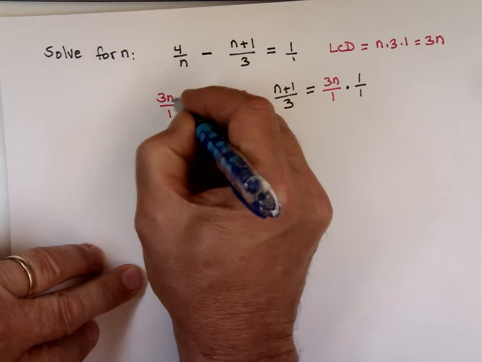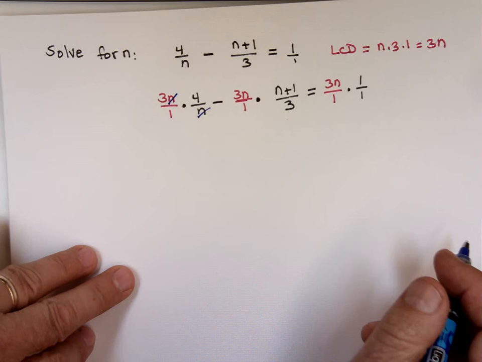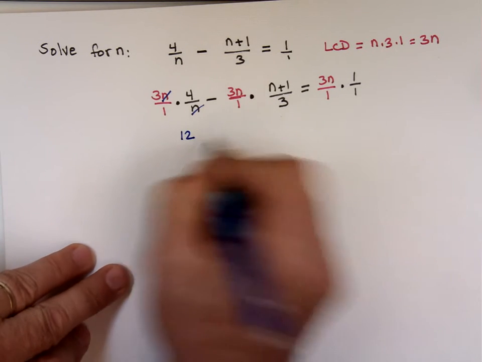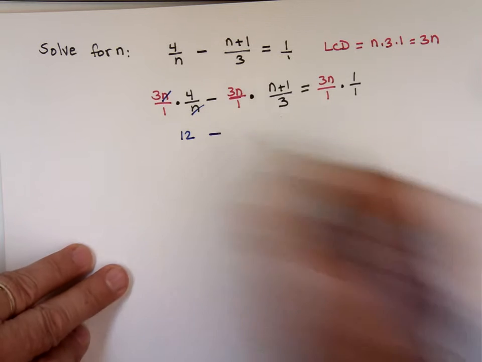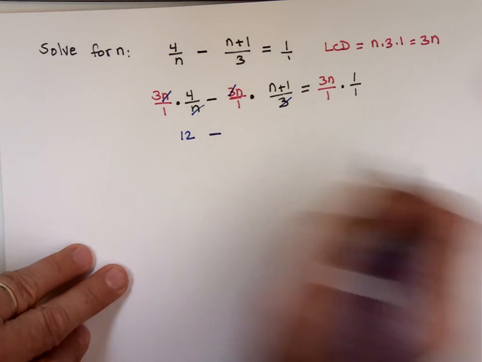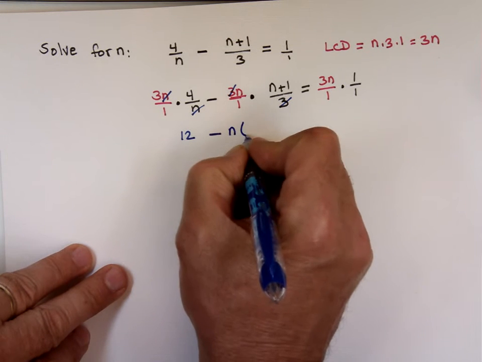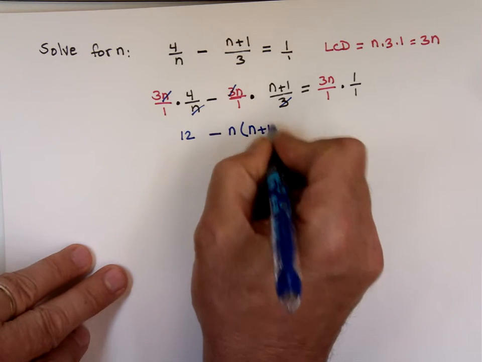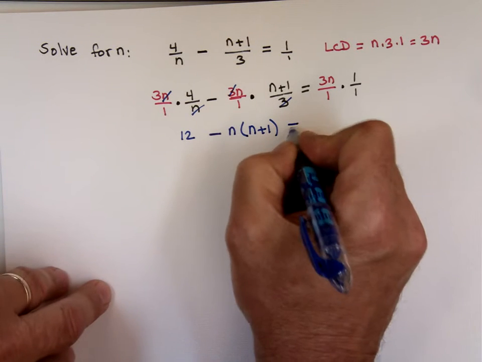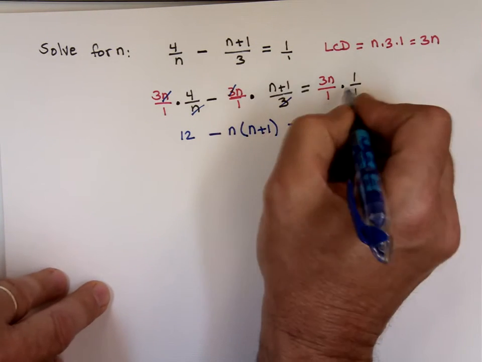This n cancels that n. So 3 times 4 is 12, 12 over 1, which is 12. This 3 cancels that 3. So I'm going to end up with n times n plus 1. I'll take care of that later. 3n times 1, that's 3n.